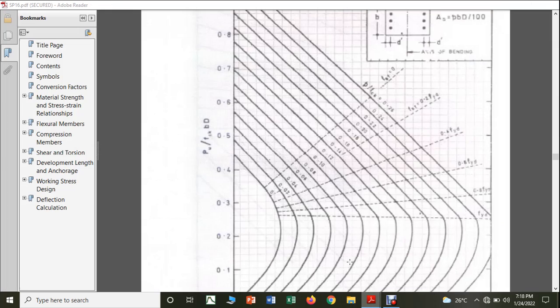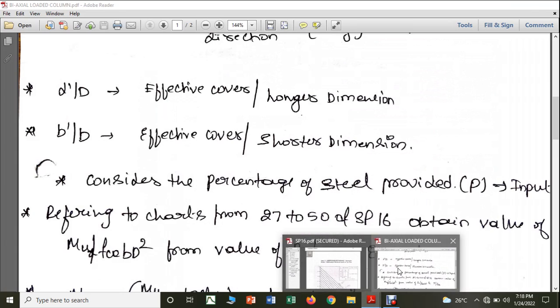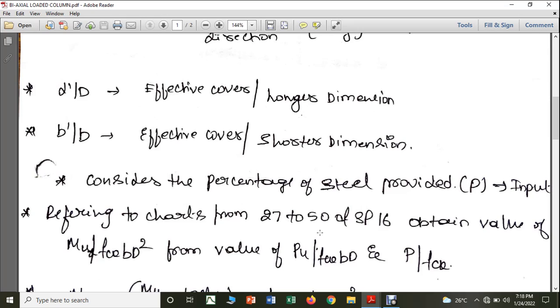Now you can see that these charts are there, chart number 27 to 50, based on whether your column is rectangular or circular, and based on the reinforcement that you are going to provide on only 2 sides or on 4 sides, and based on the D dash by D value, that is effective cover by longer or shorter dimension, and based on the grade of steel, that is Fe250, Fe415 or Fe500. Based on these charts 27 to 50 of SP16, it is going to vary.